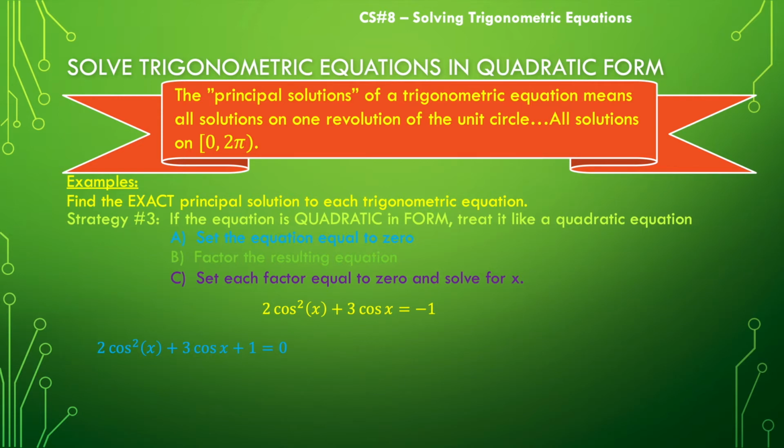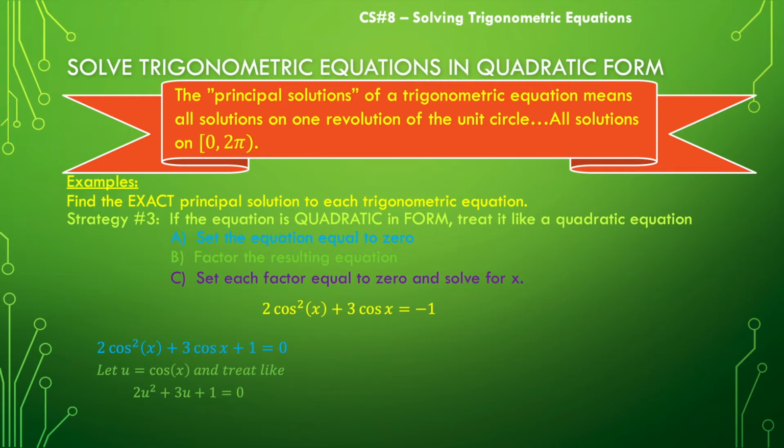So let's say that u is equal to cosine of x. If u is equal to cosine of x, then 2 cosine squared of x would be the same as 2u squared, and 3 times cosine of x would be 3u. So I'm going to treat this like the equation 2u squared plus 3u plus 1 is equal to 0.